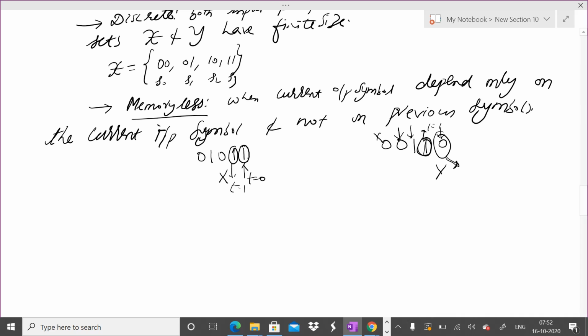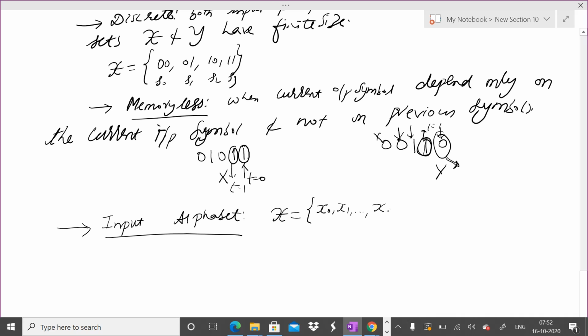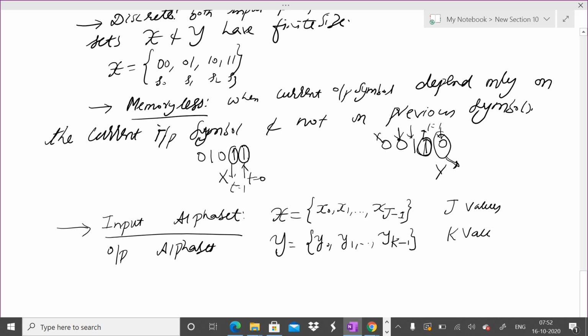Now, how to give a statistical interpretation to it? First of all, we will define the input alphabet for a general channel. Let's say that it takes values x0, x1, up to xj minus 1. So it can take any j values. And the output alphabet y0, y1, up to yk minus 1 can take any k values.